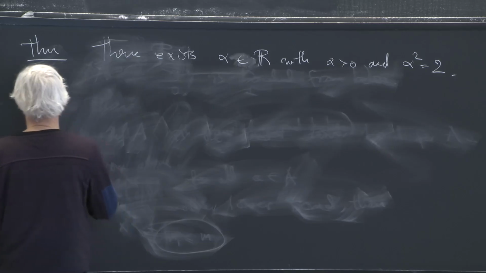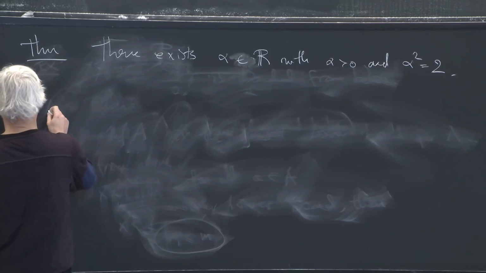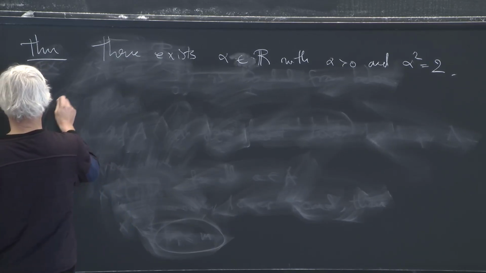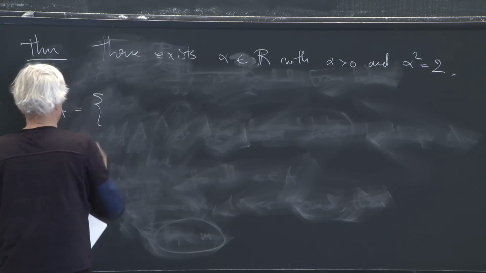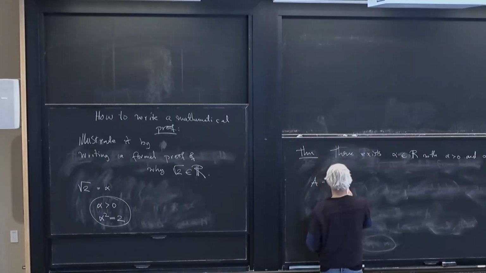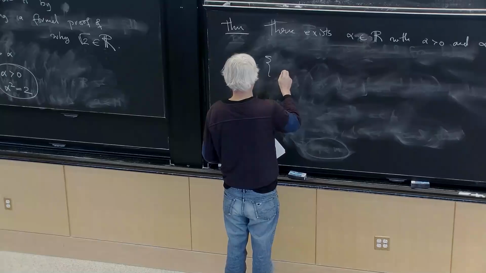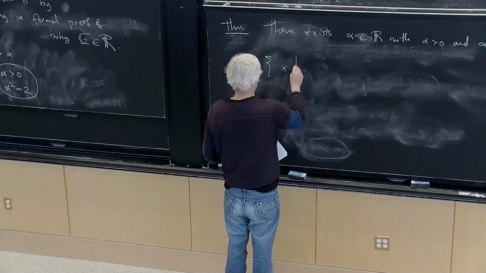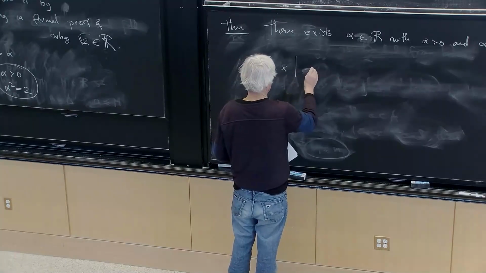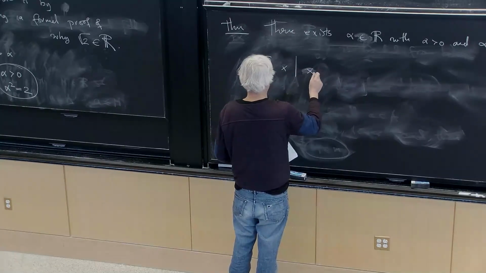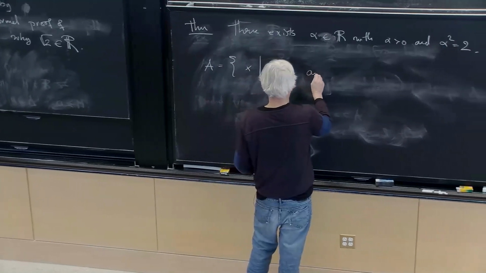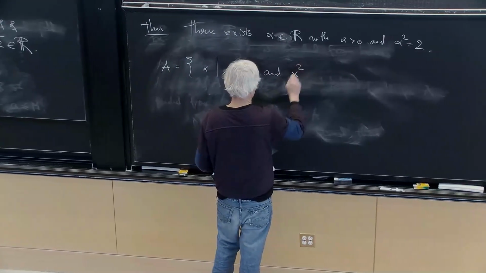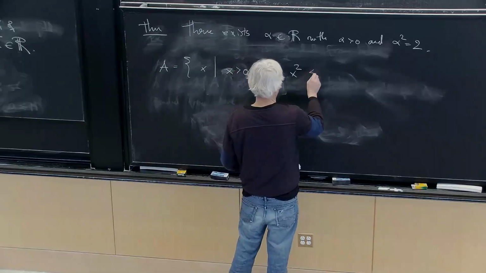Now we look at the set A. The set A is the x such that x is positive and x squared is less or equal to 2.